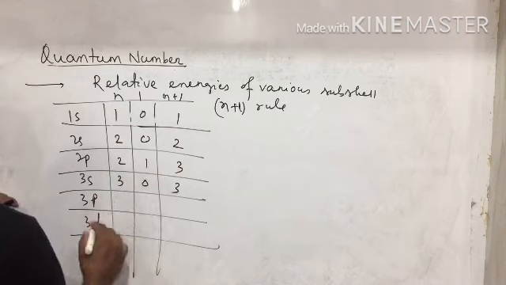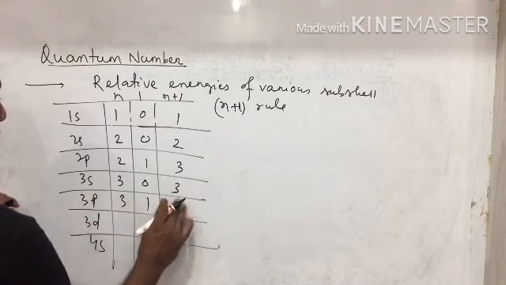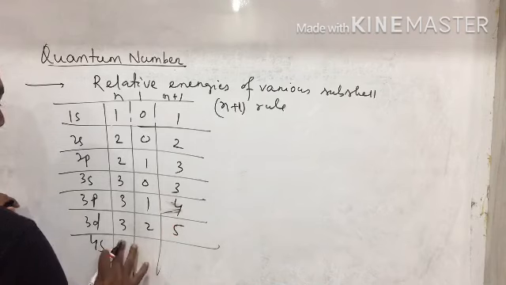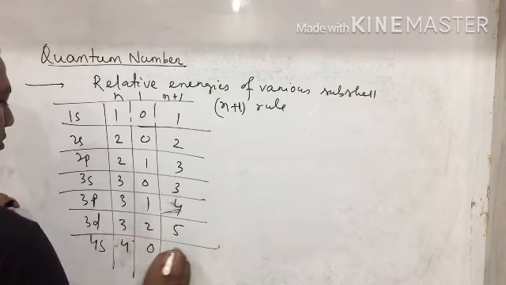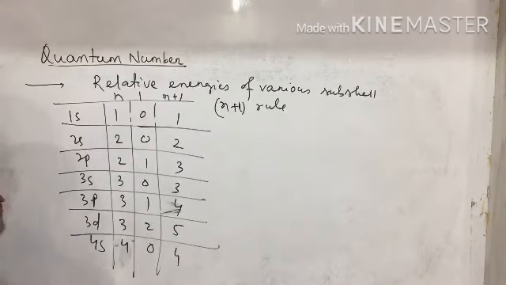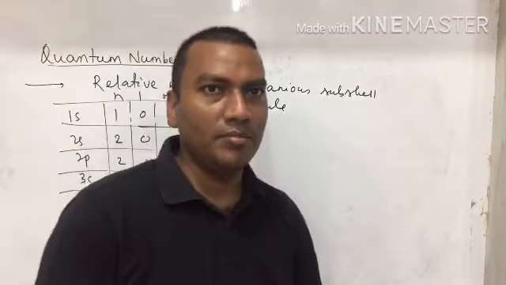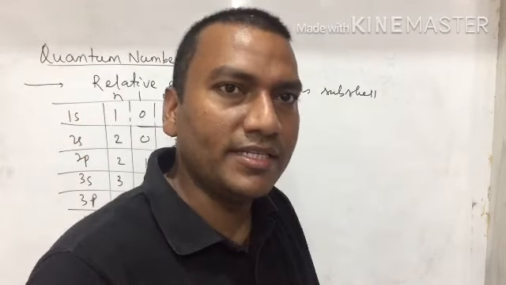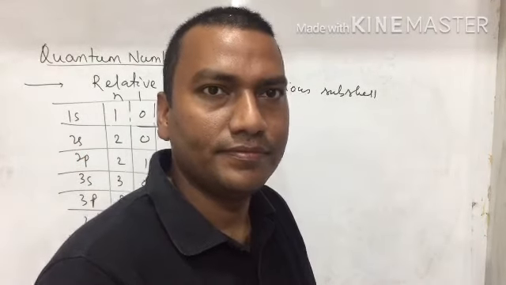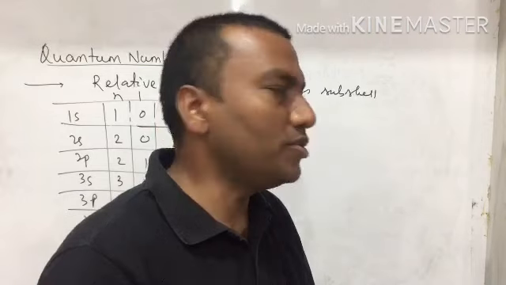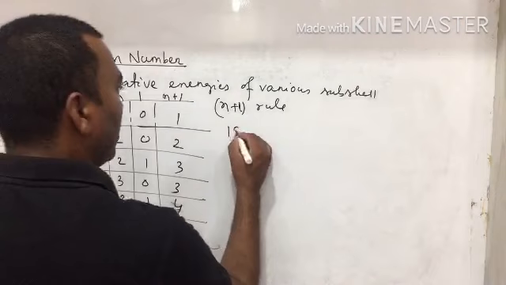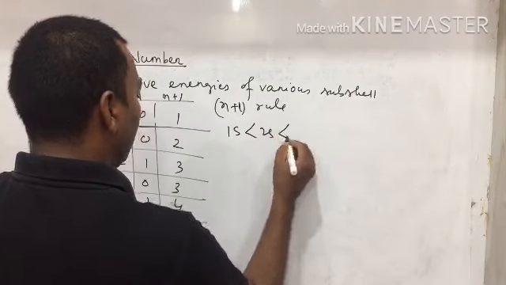For 3s: 3, 0, 3. For 3p: 3, 1, 4. For 3d: 3, 2, 5. For 4s: 4, 0, 4. Like this it will come. So for relative energy, you will remember that the subcell whose n plus l value is lowest has less energy. That's why the first order is 1s less than 2s.